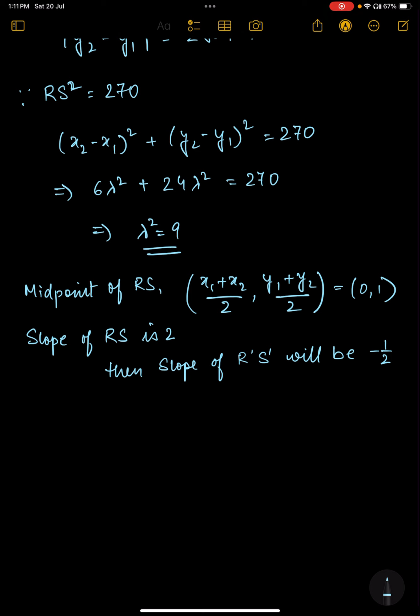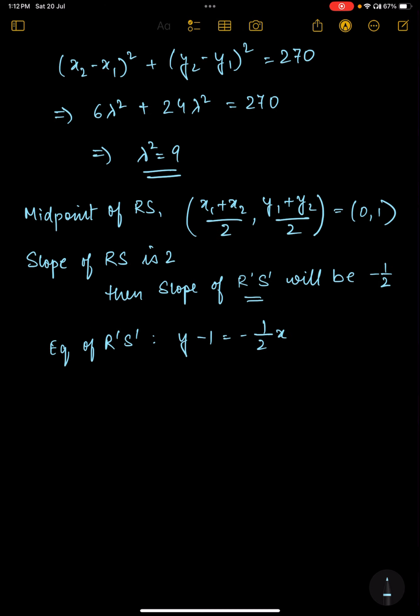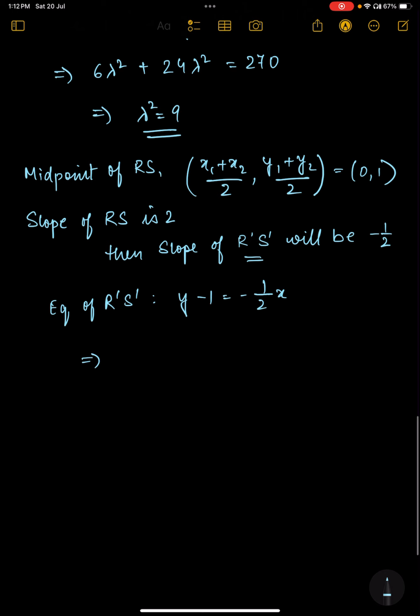Using that concept, I can determine the slope of R dash S dash. So we have the equation of R dash S dash now. Equation of R dash S dash is y minus 1 is equal to minus half x. Okay, this eventually I can rewrite as x plus 2y minus 2 is equal to 0.